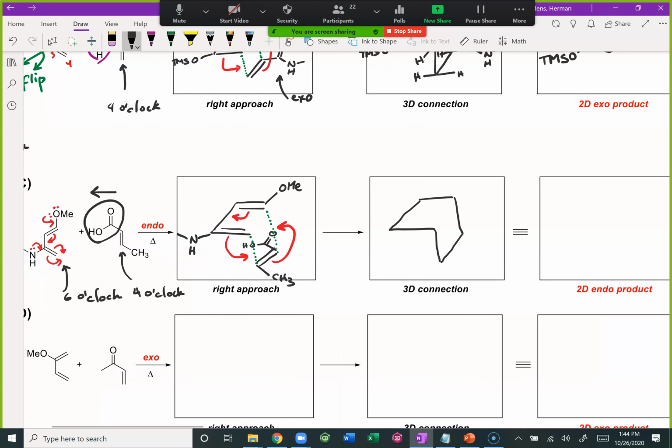All right, so notice that I made my 2 sigma bonds right here, and my 1 pi bond is right here on the top. Then I have an NH methyl. This group is there, and I have an H right here. I also have 2 H's that are going to stick up.